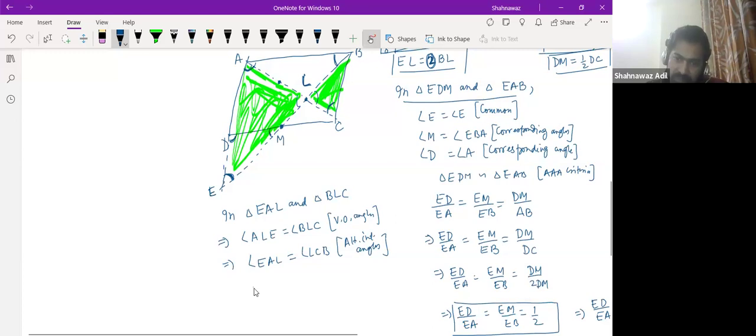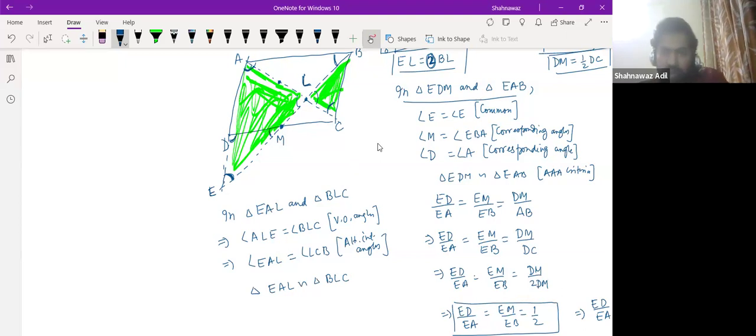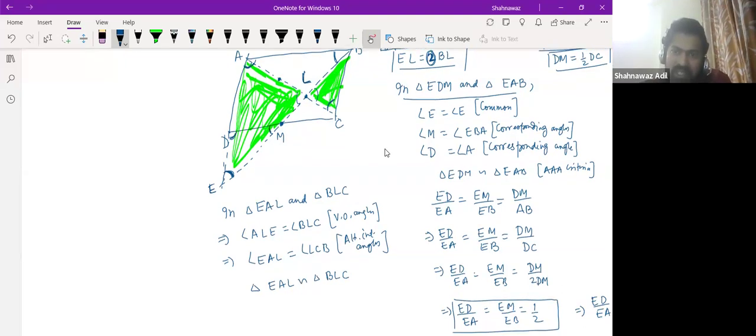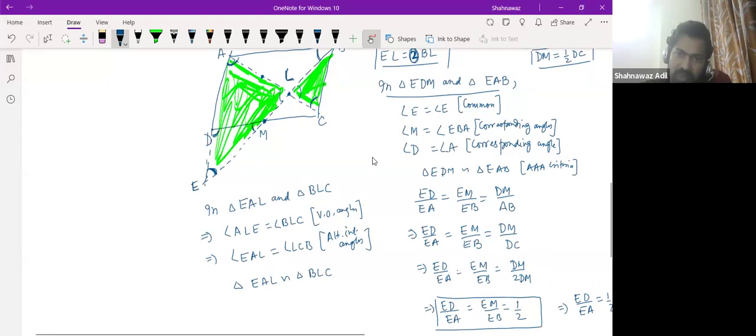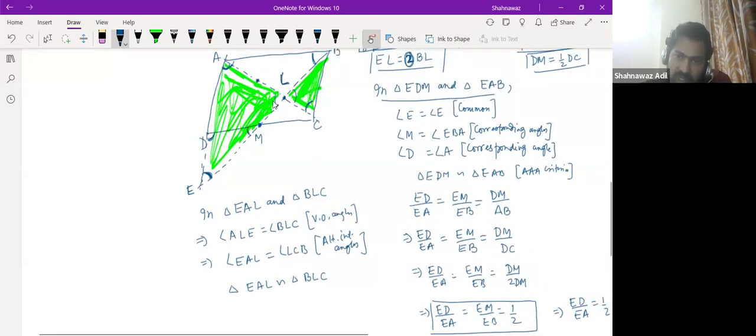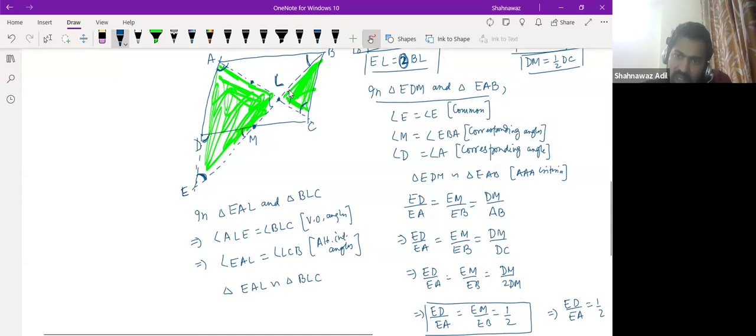So then we can write triangle EAL is similar to triangle BLC. So what would be the corresponding sides which would be proportional? The sides which are proportional would be, let's say, this one and this one.